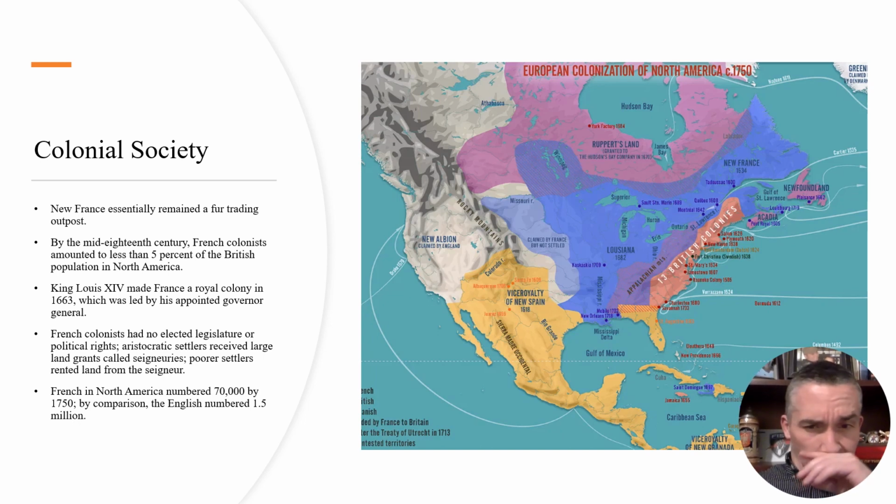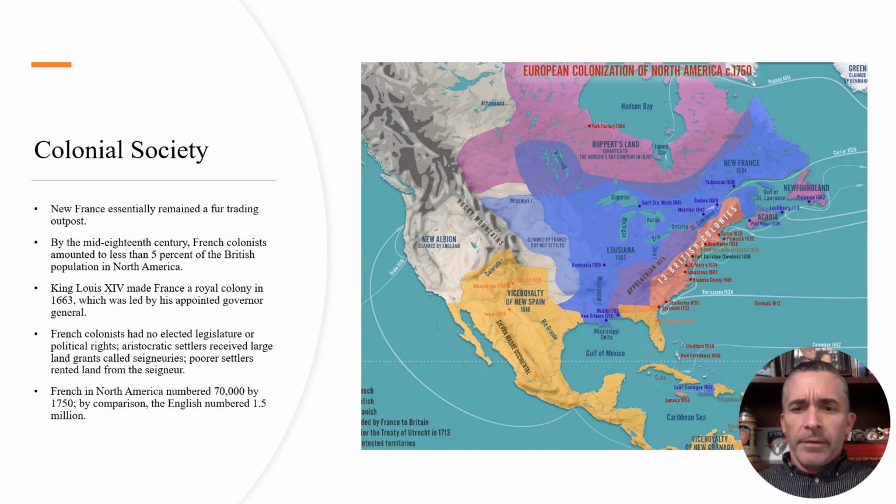So unlike Spain, the French had a vibrant fur trade with the Native Americans, and the Jesuits had a strong influence. They forged that cultural bond with the Native Americans, and because the French had a small presence, and because they had made friendships and alliances with the Native Americans, by the time of the French and Indian War in 1754, that was an important advantage for the French.